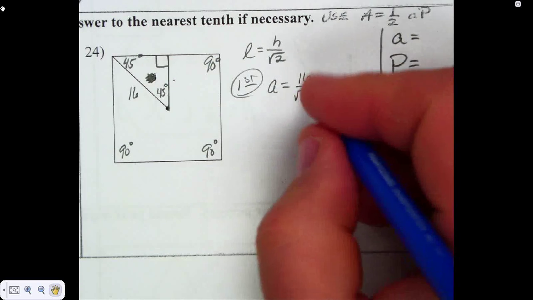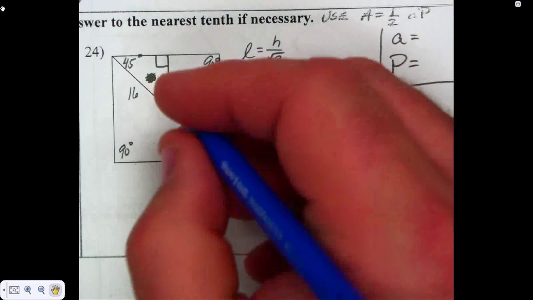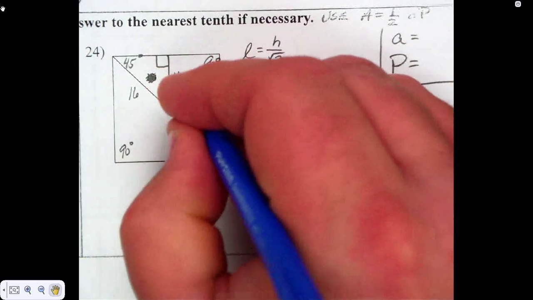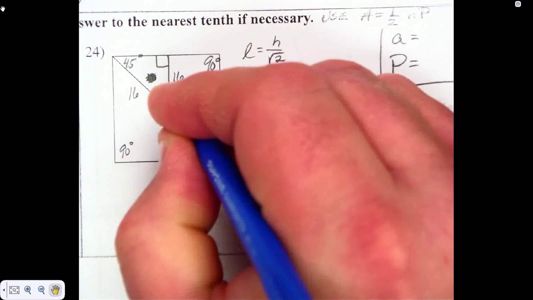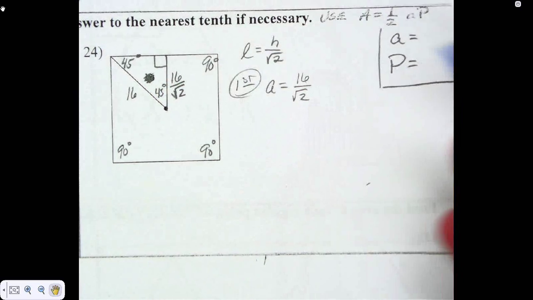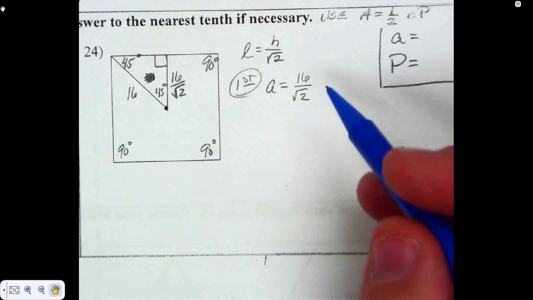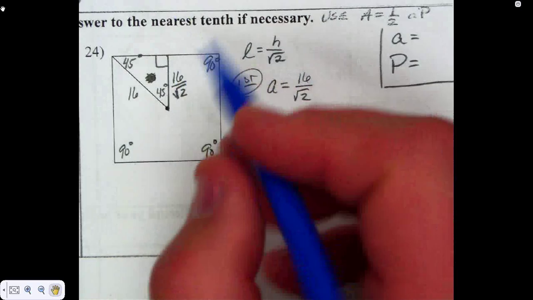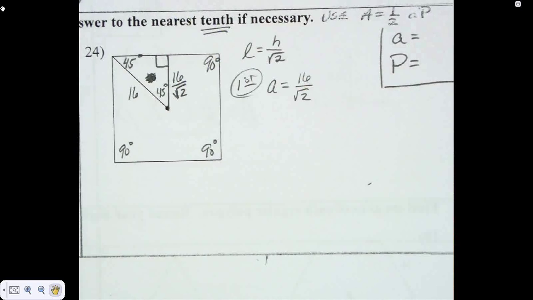Now, there's nothing you can do to that. If that was your final answer and they wanted it exact, go on ahead and rationalize the denominator, so you don't have any in the bottom. But what are you going to end up doing here? You're going to end up rounding to the nearest what? So you're going to put it into your calculator anyway? So why mess with all that? Just say right now, it's okay to have an ugly number.